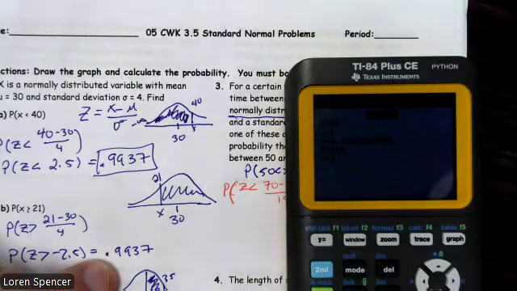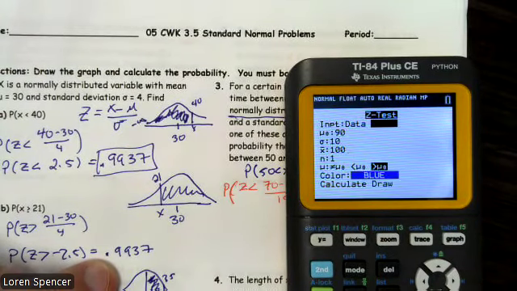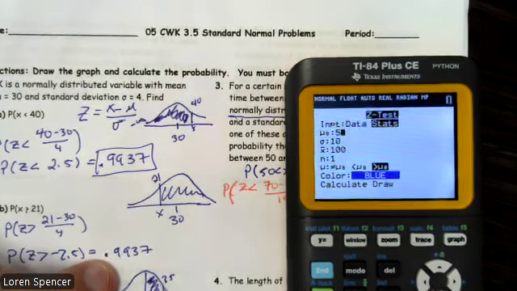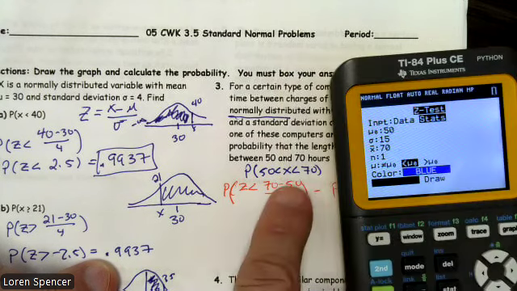All right, so here we go. STAT TESTS Z-Test, press enter. My mean was 50. My standard deviation was 15. My X is 70. Make sure we had the less than, because that's what we show as our inequality.